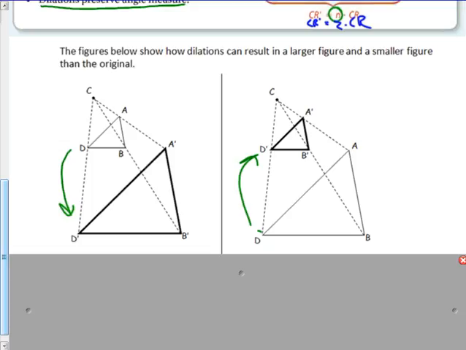If the scale factor n equals, let's say, 3, because it's 3 times bigger, then going backwards, the scale factor would be the reciprocal, 1/3, because you're shrinking it. It's going to be 1/3 the size.